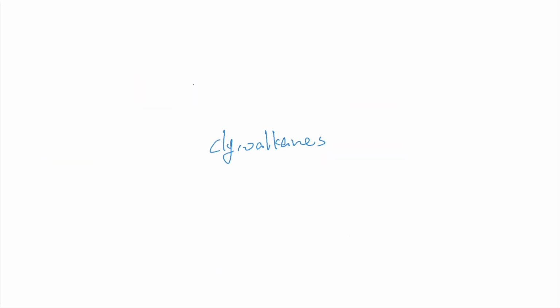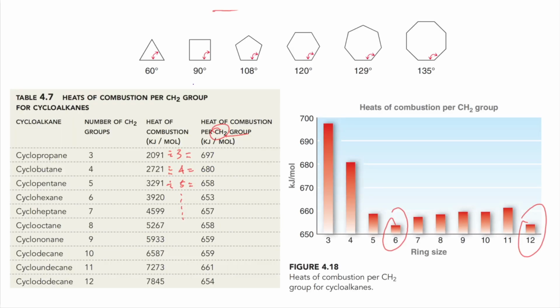And now we're going through the cycloalkanes. We'll talk about how to name the cycloalkanes in the first class. So here we have a lot of cycloalkanes. The first one is cyclopropane. It has 3 carbons, and so on.